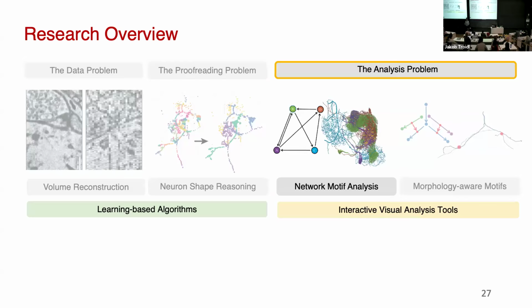The next two projects that I will present are now talking about the analysis problem. So how can we extract certain biological insight from these already proofread connectome data sets?